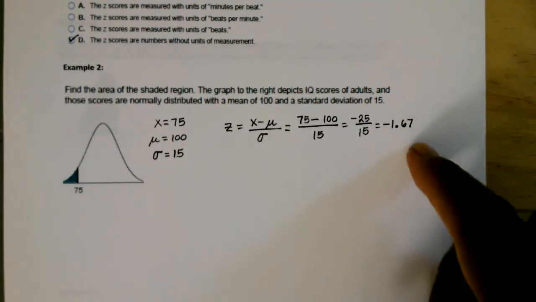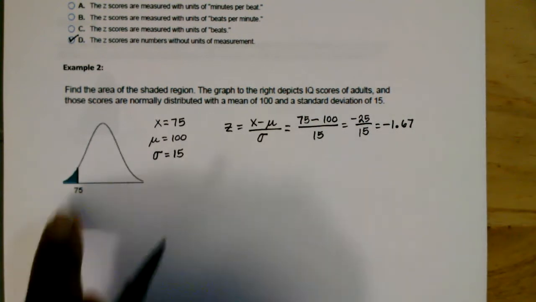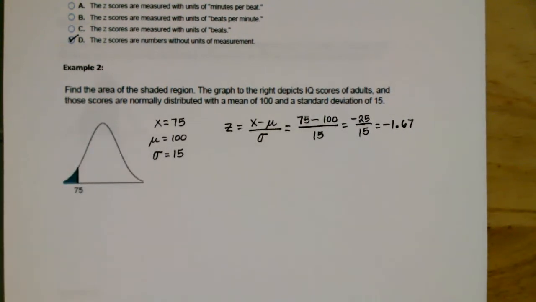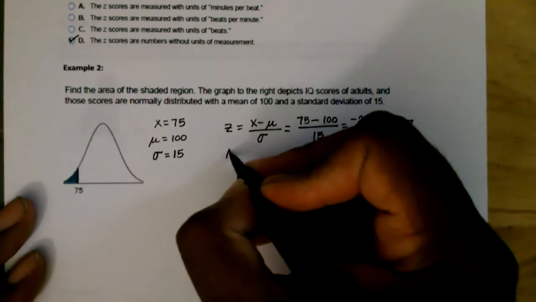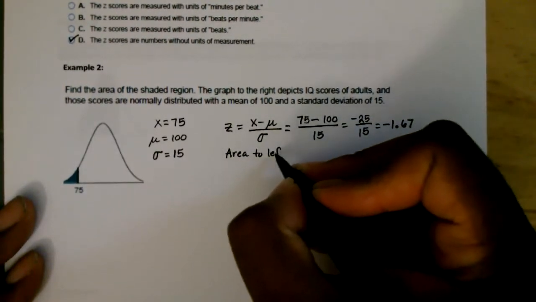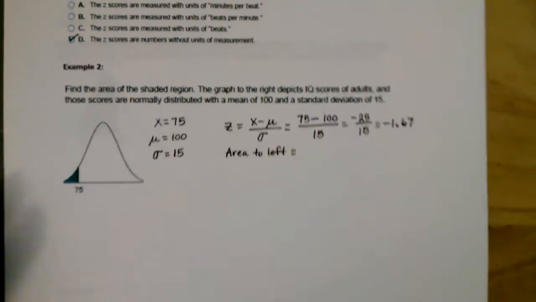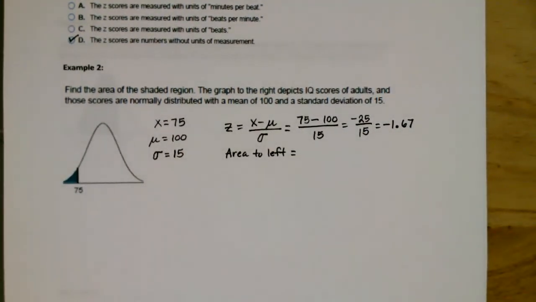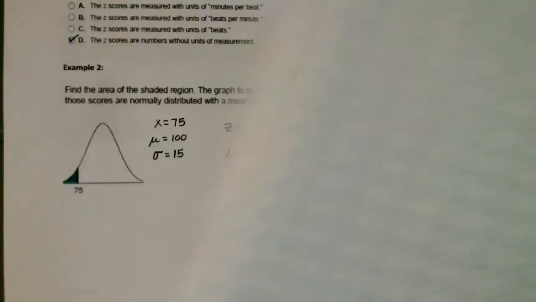Now we're going to use that to find the area to the left, which is what we want. So I need to look under the page that says negative z-scores, because that z value is obviously to the left. Negative.